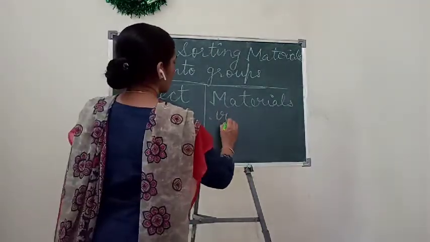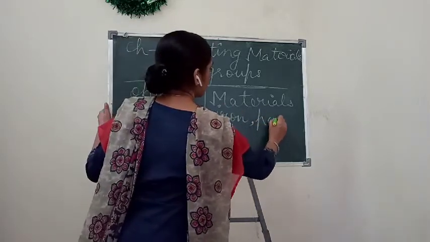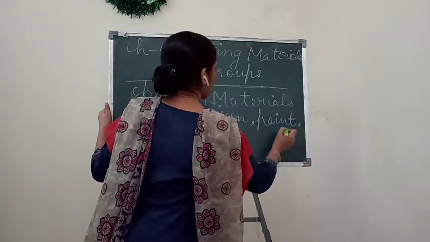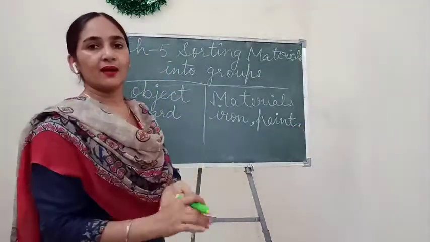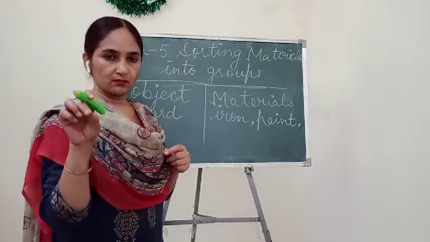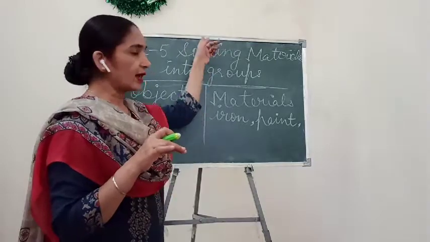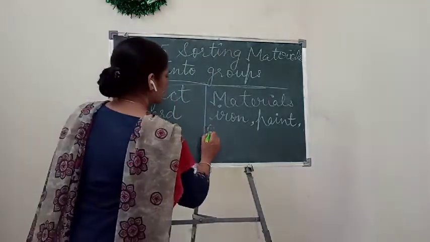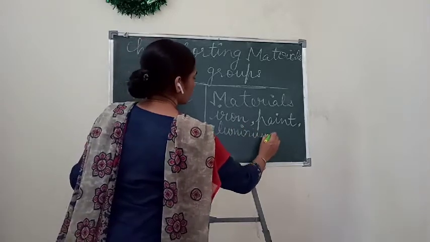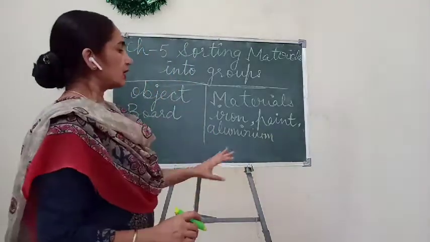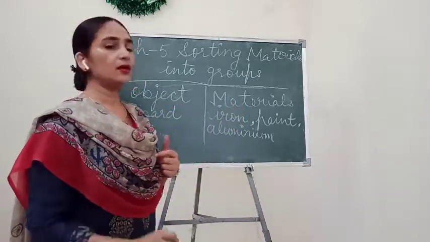First is iron. Second, what do they use in this board? Some kind of paint. And third, see here at the border, that is aluminium, we can say the margin. It is made up of aluminium. Understand? So in this way, this board is made up of three different kinds of materials.